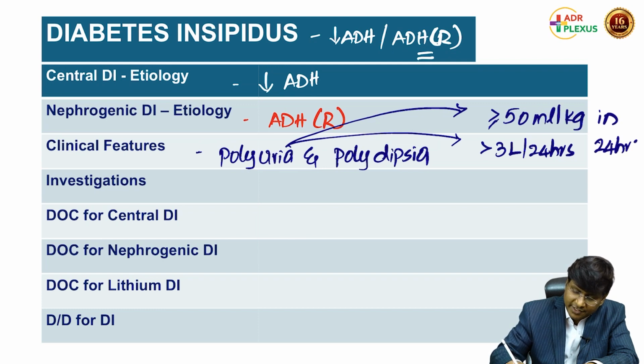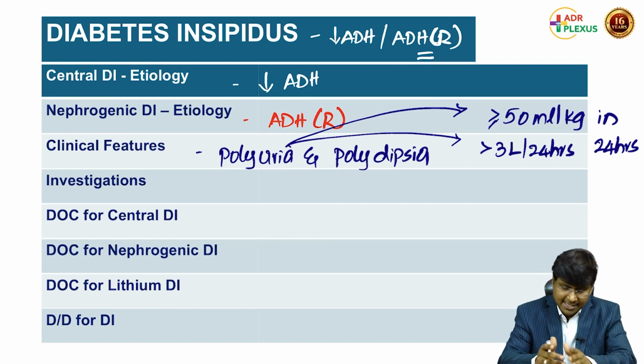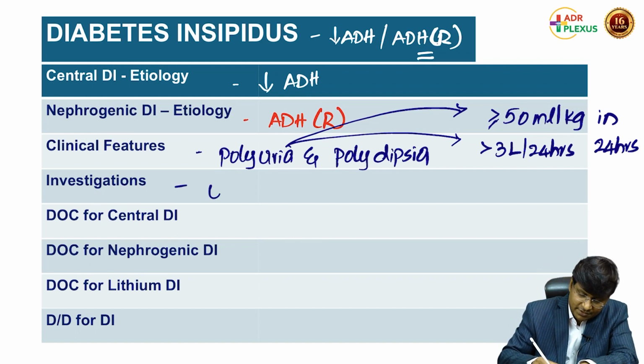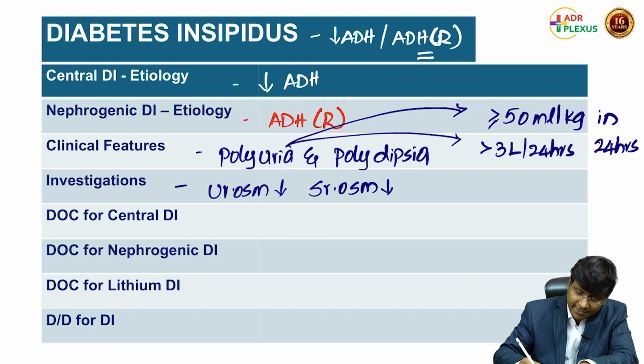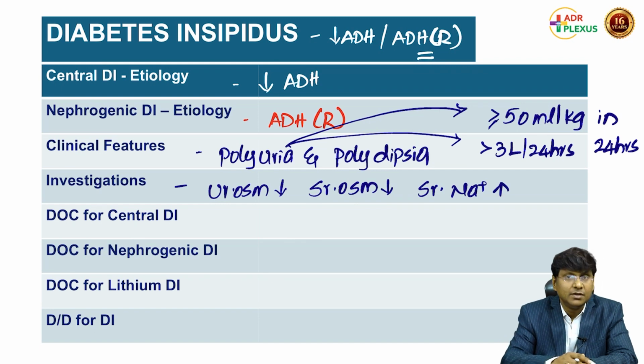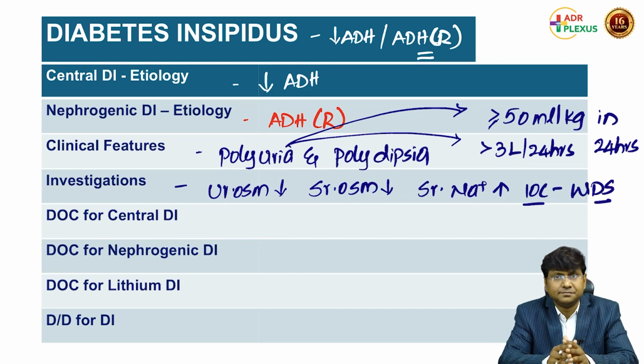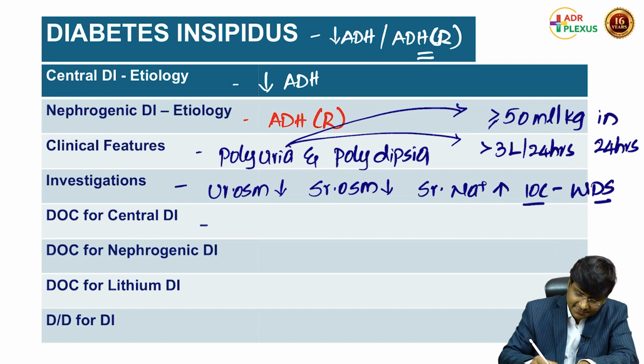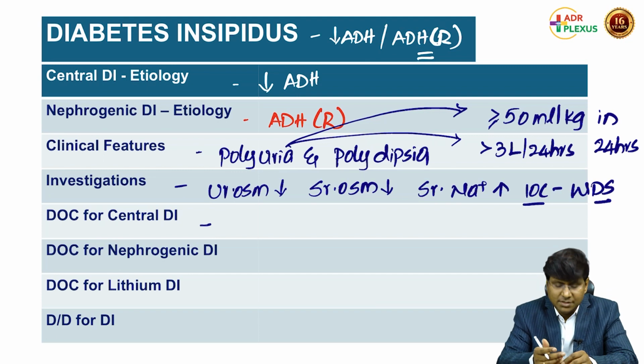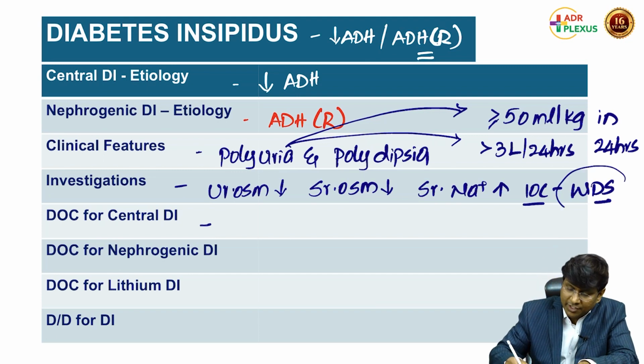As for the investigations, the urine osmolality will be reduced, the serum osmolality will be decreased, and the serum sodium will be increased. The investigation of choice will be the water deprivation test. Then what is the treatment? And what is the use of this water deprivation test?